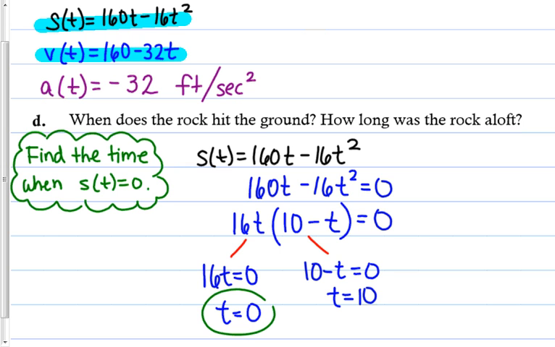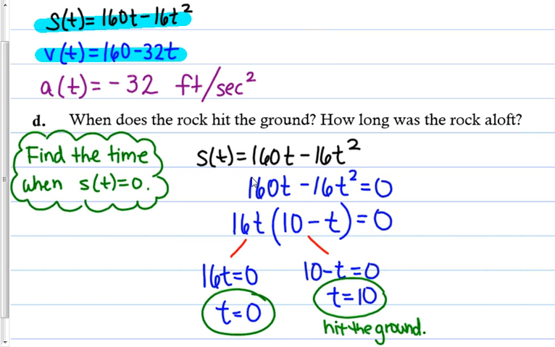T equals 0. That's the initial time. That's when the rock was propelled. So that was at the beginning. T equals 10. This is when it hit the ground. So it asks, when does the rock hit the ground? The rock hits the ground at t equals 10 seconds. It says how long was the rock aloft?